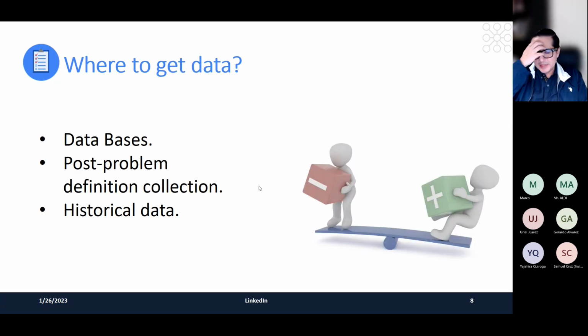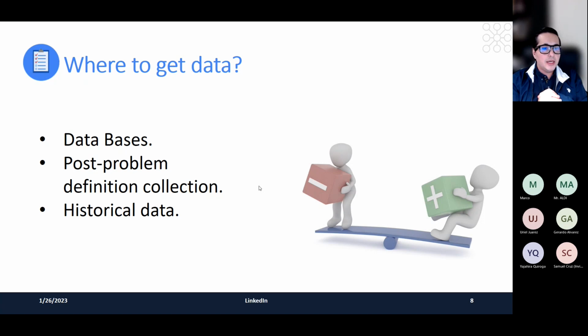we have to ask ourselves again, where is the data coming from? In the manufacturing environment, there are three main sources where we can get data from. One of them is databases, and these are, for lack of a better expression, just databases. SAP, Oracle, you name it. Any database you can pull data from.